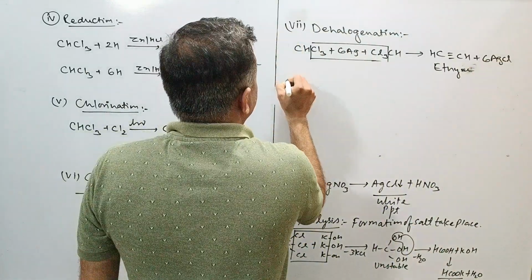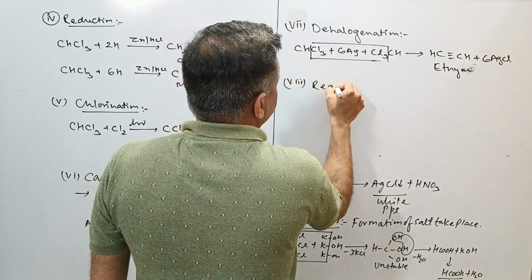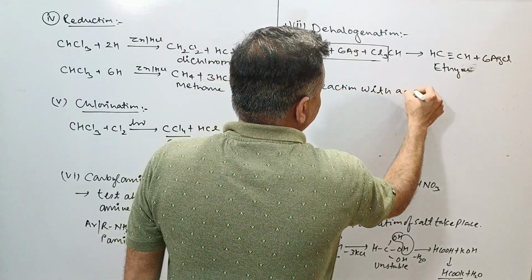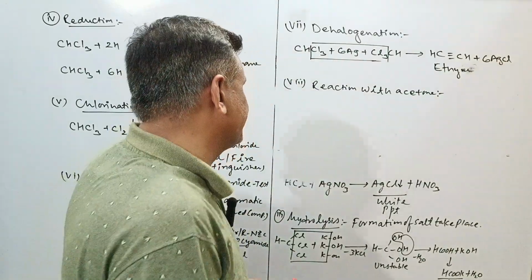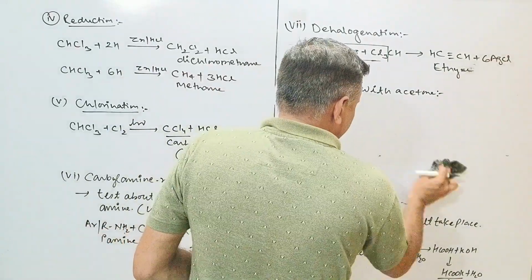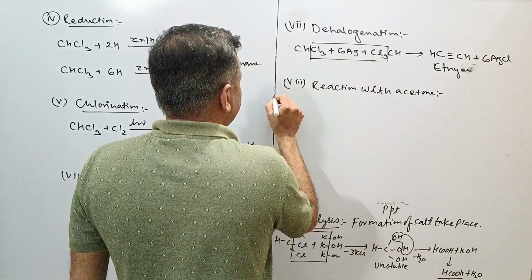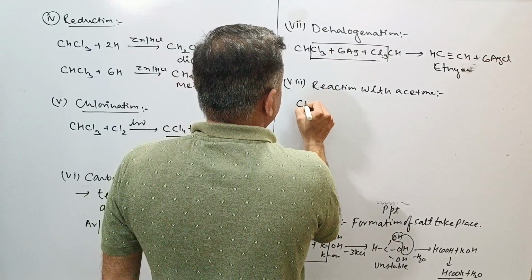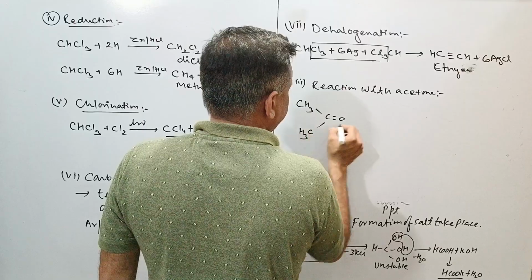Further, that is your eighth property: reaction with acetone. It's a very important reaction. If you go with the reaction with acetone, then what will be formed? Listen to me carefully. This is your acetone, CH3COCH3.